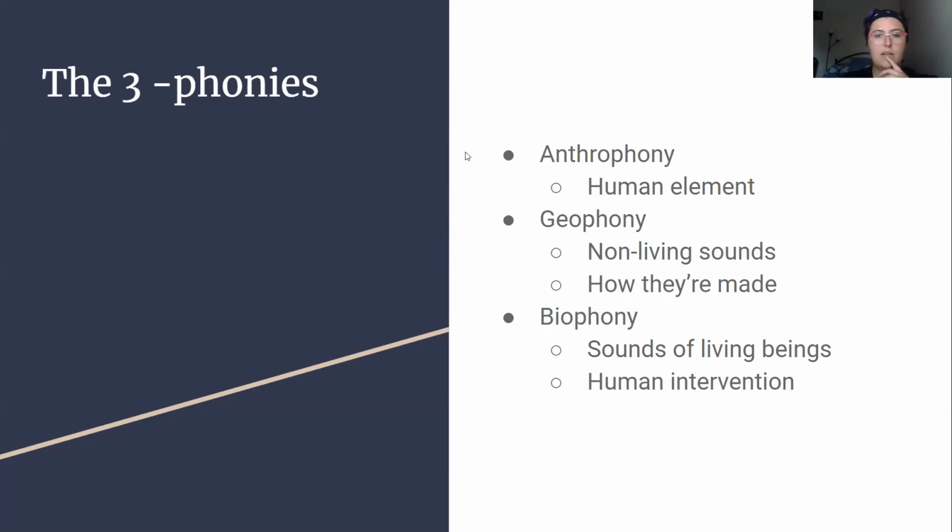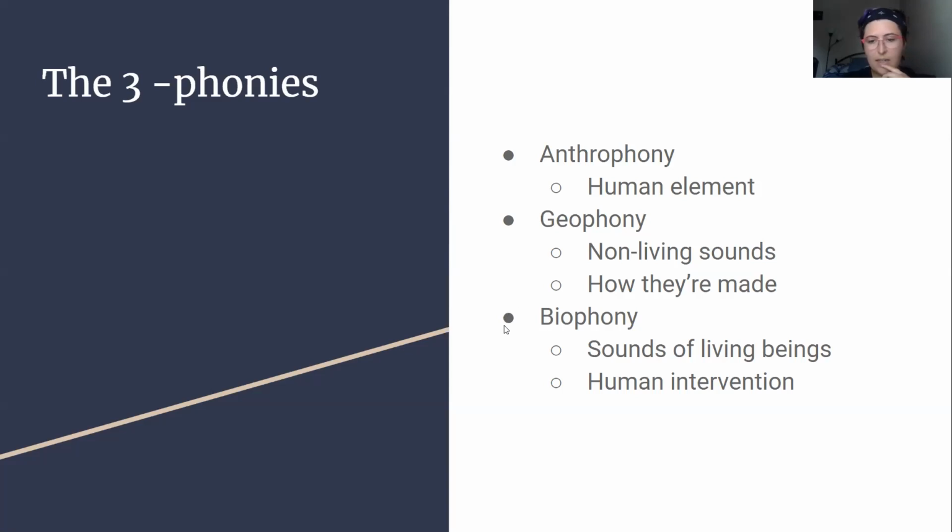And humans can create geophony by hitting two rocks together, but they are also part of that environment. So really, when we are hearing things, there's no way that you can pull the human concept outside of geophony and biophony. So that's just something to consider when we listen to some examples after this.